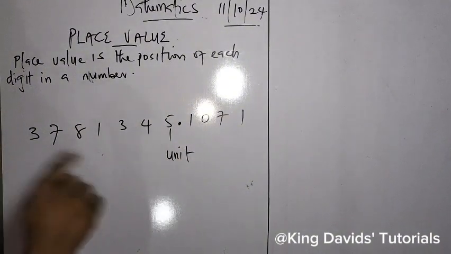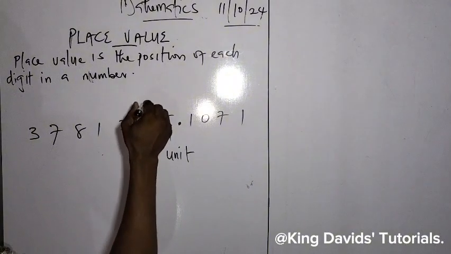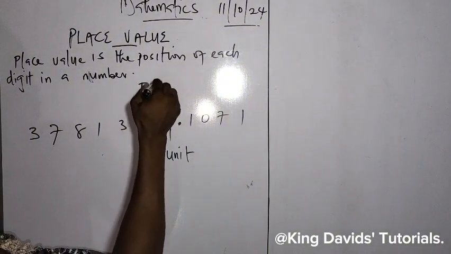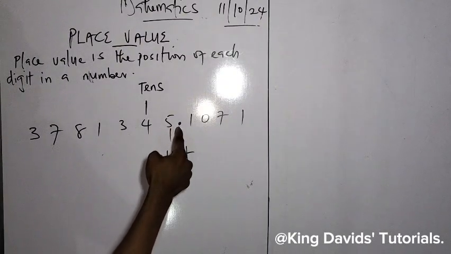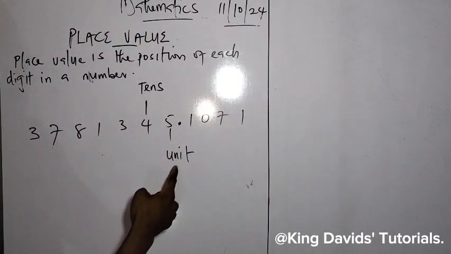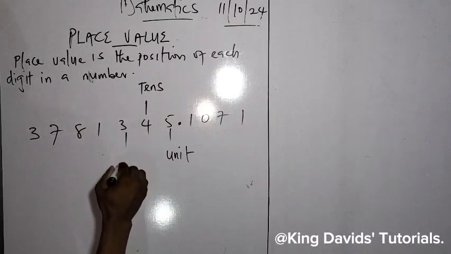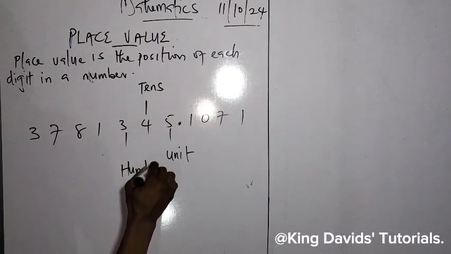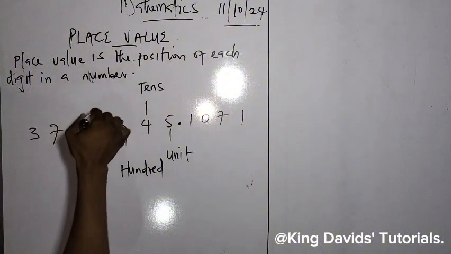After the decimal point to the left is the unit, followed by the next one after it, that is 4, is the tens. Are we good? Decimal point, units, tens. After the tens comes the 100. And after the 100 comes the 1000.